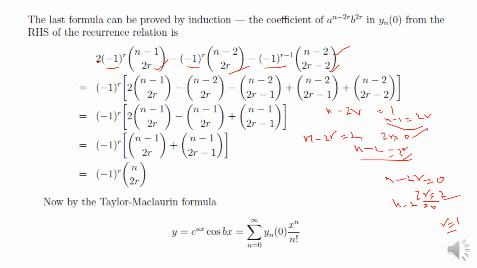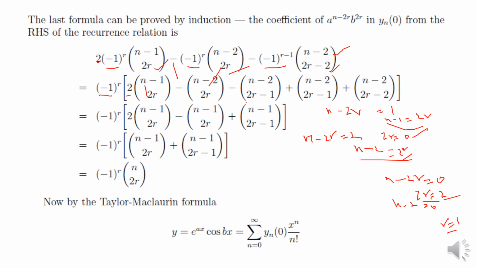Earlier we had r is 0 in this also, and the second one was also having 2r equal to 0. So here we have taken r minus 1. This is one way of understanding; you can find another way. Now we have taken minus 1 to the power r common, 2 is there, n minus 1, 2r.